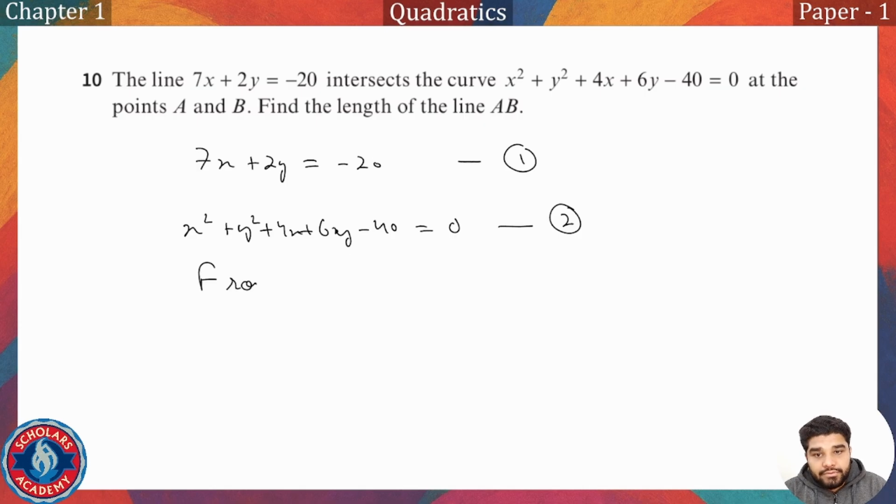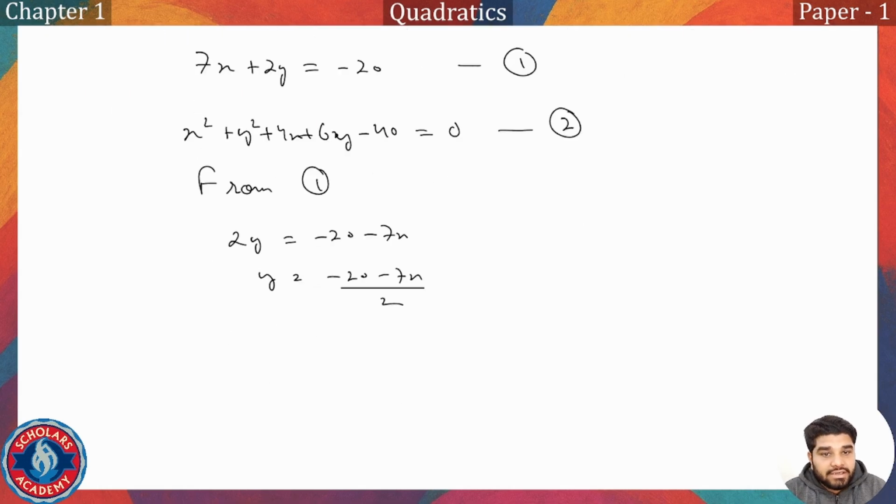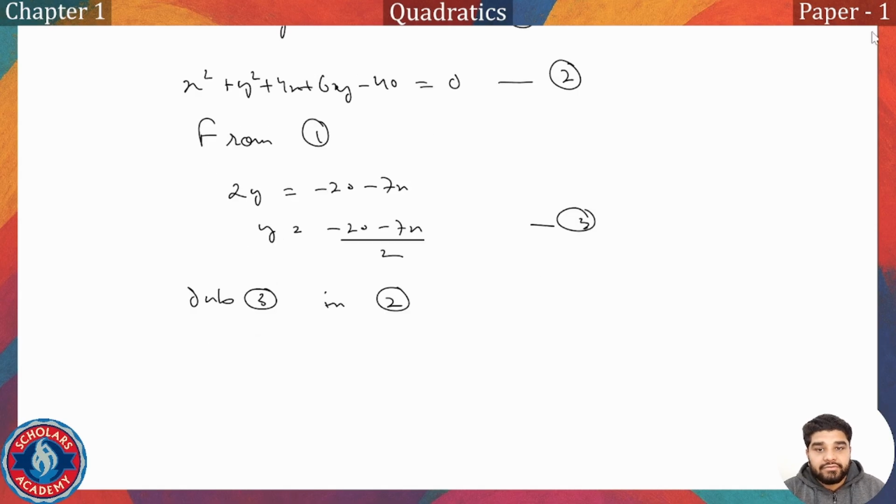So from equation number 1 we can say that 2y is equal to negative 20 minus 7x, y is equal to negative 20 minus 7x by 2. We can mark it as equation number 3, and substitute 3 in 2, substituting the value of y.